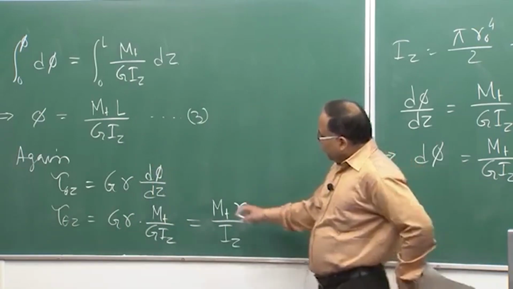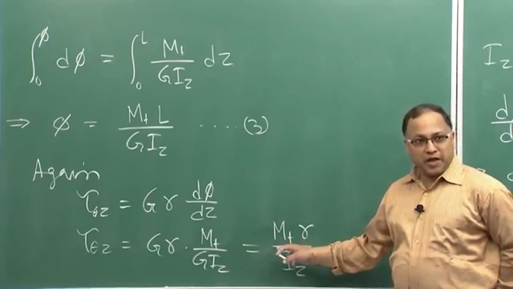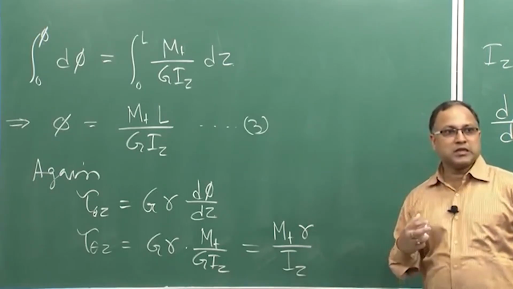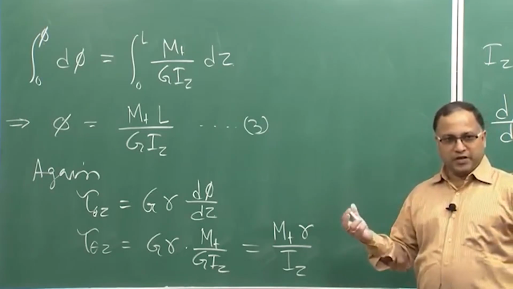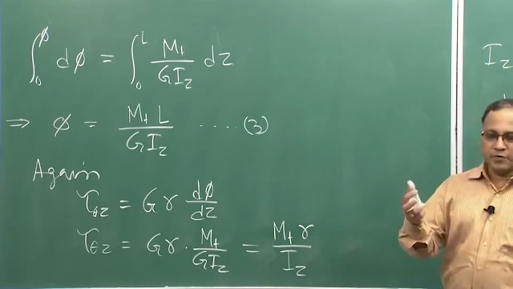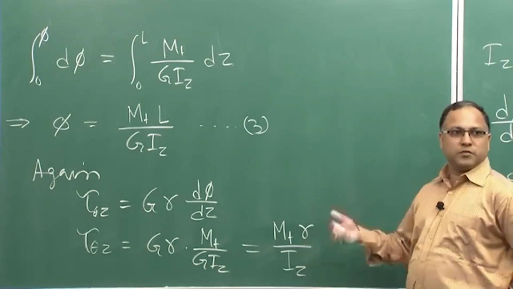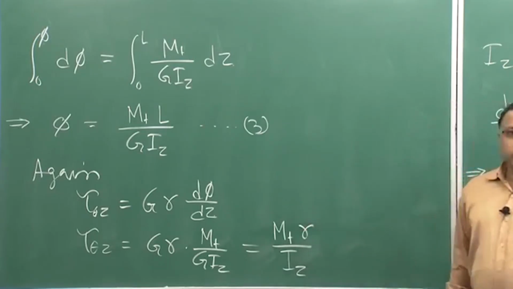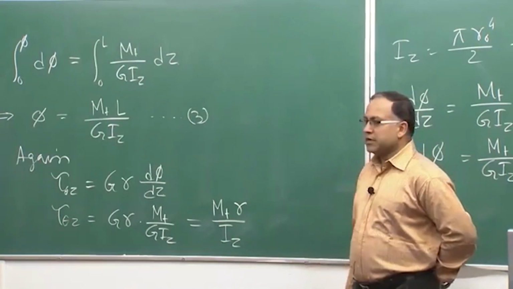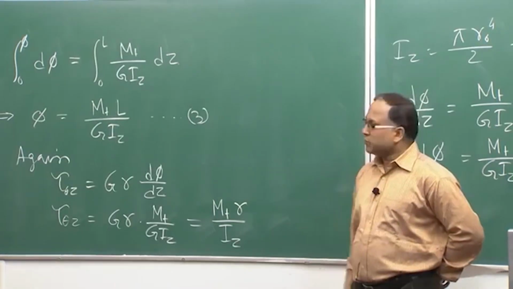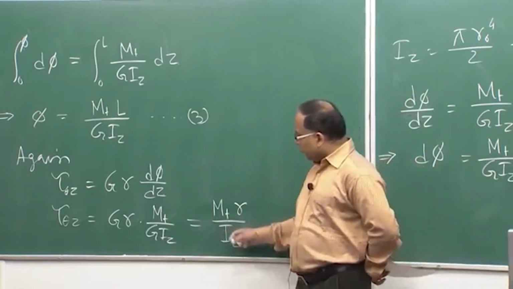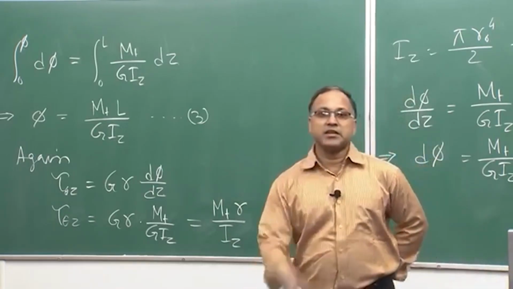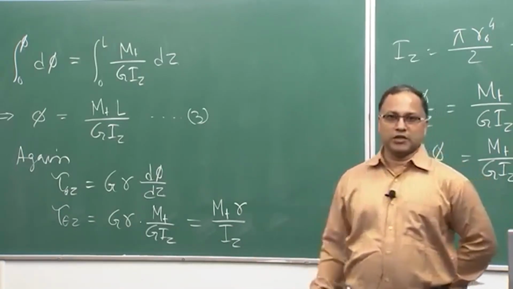At the center it will be 0, because r is 0. If you know how much twisting moment you are applying, the radius r where you want to find the shear stress, and the polar moment of inertia of the circular shaft, you can find out how much shear stress is developed at that particular location.